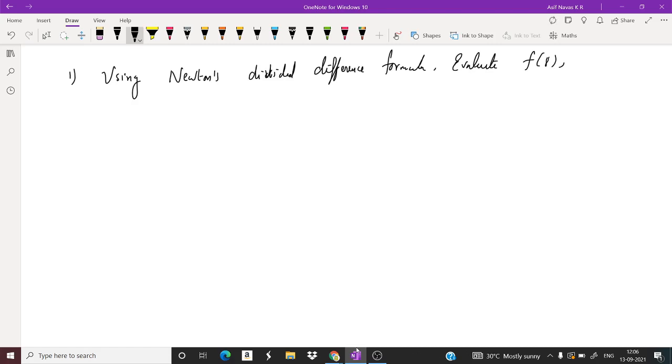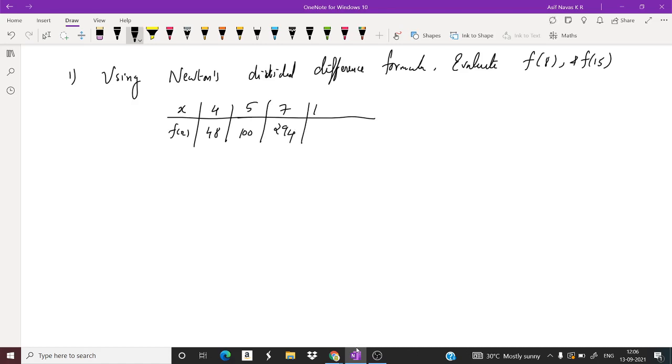f of 8 and f of 50, and the values of x and f of x are given: 448, 500, 7, 294, 10, 900, 11, 1210, and 13, 2028.